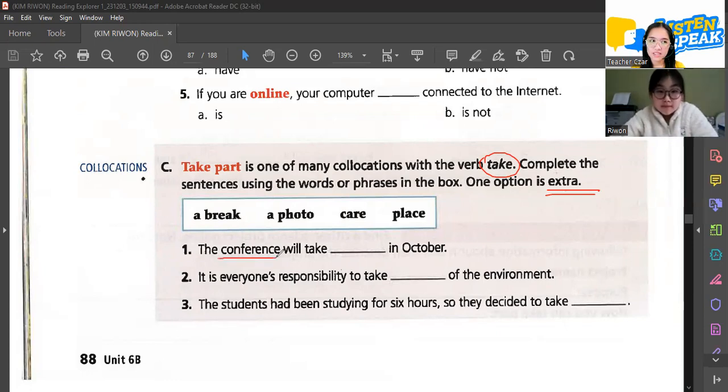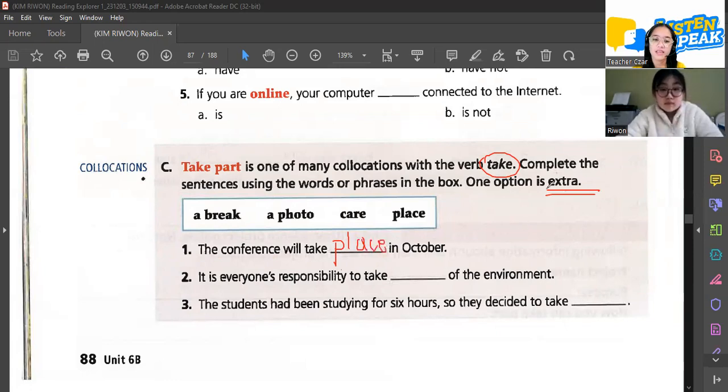Okay, a conference is an activity where there is a speaker and also a listener. It is like a meeting. It will take place in October. Yes, very good. To take place, this conference or this meeting is going to happen in October.